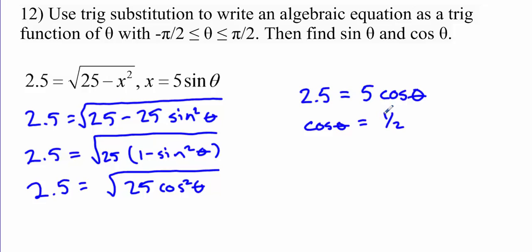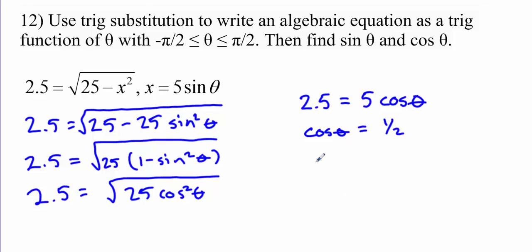That would be 1/2. Since we know the cosine of theta is 1/2, we basically know where we are on the unit circle. Normally we would say, okay, so if cosine theta is 1/2, that happens at 60 degrees, or pi over 3 radians, and in that case the sine of theta then would be square root of 3 over 2. Now I have to point out there's one kind of strange thing here.